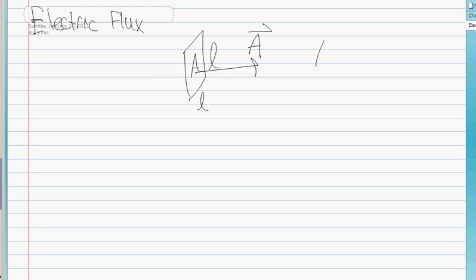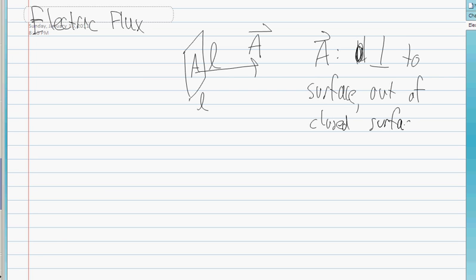So A is perpendicular to the surface, but it's out of the closed surface. And that's going to define what we're looking at.